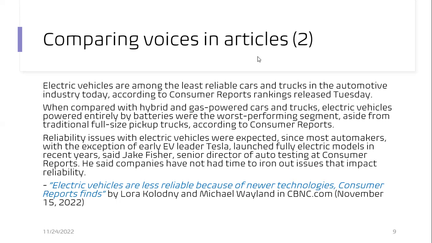They are just laying it plain and straight and reporting what has been found. And of course, they're using a reliable source since it is the Consumer Reports company and the senior director of the auto testing, right? So they know what they are talking about.